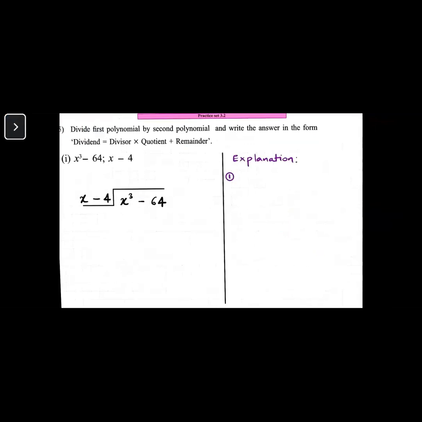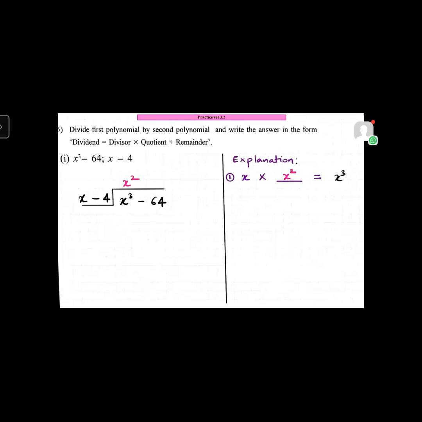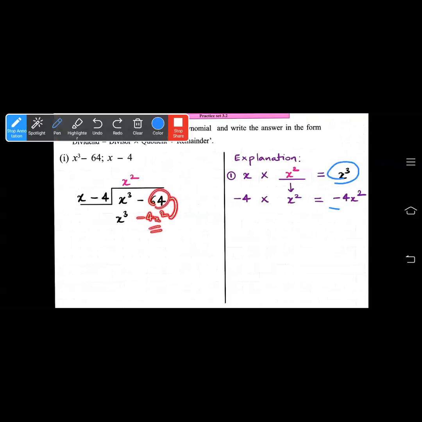Now let's start. x cube minus 64 divided by x minus 4. Now my explanation is, to get x cube, x should be multiplied by x square. So minus 4 also should be multiplied by x square. Fine. So you will get x cube minus 4x square.